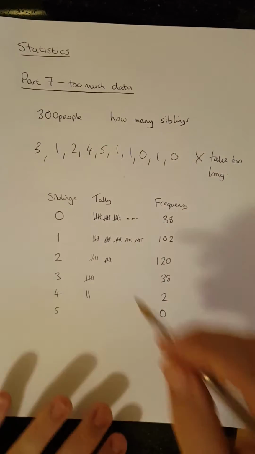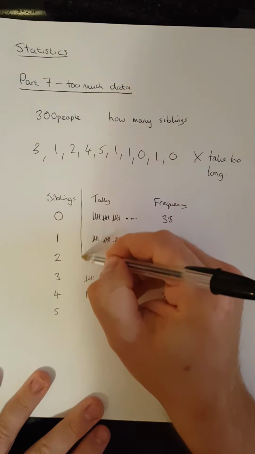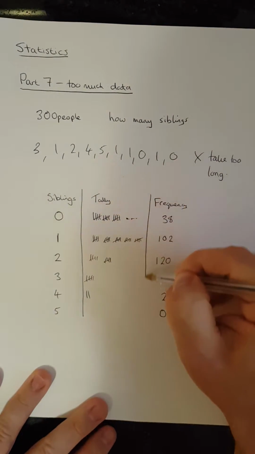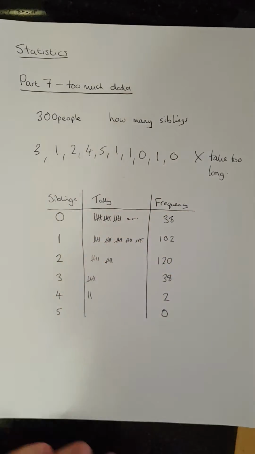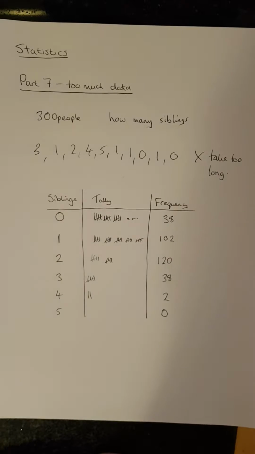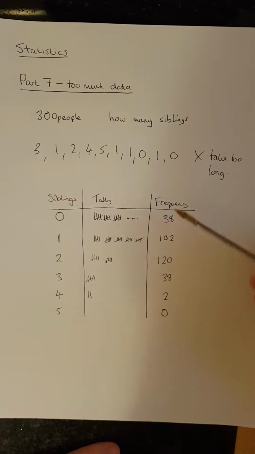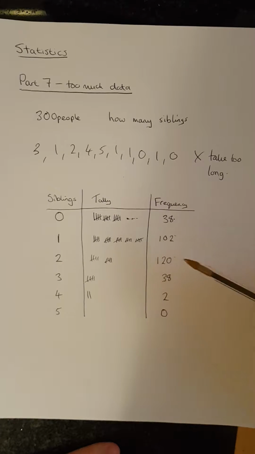So, what I've actually got here is a nice frequency table. This is the number of siblings each person had, and this is how many times each of these answers was given to the question.